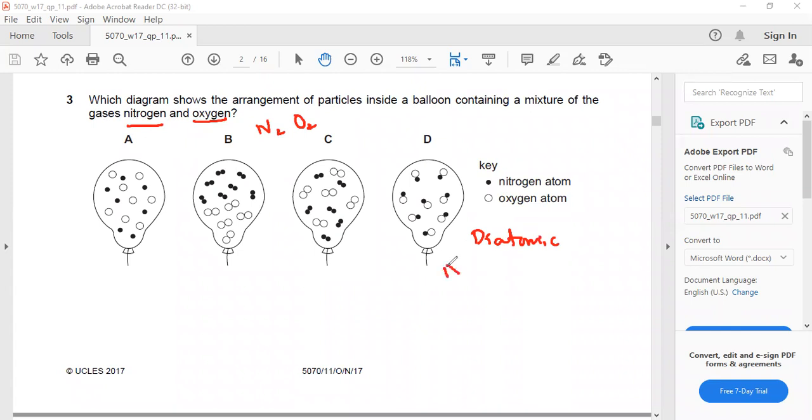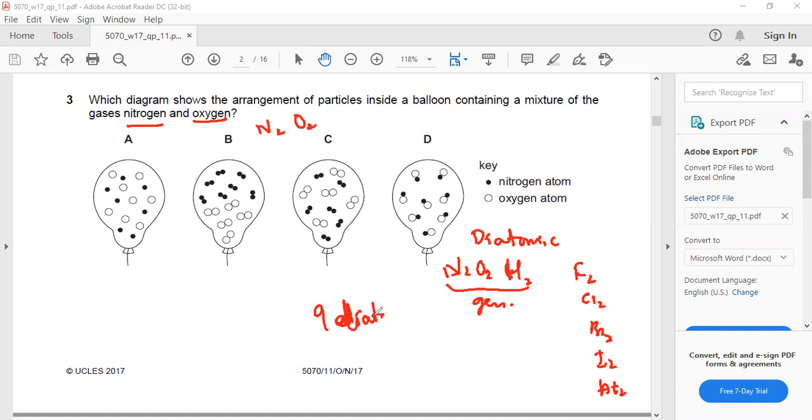These are the nine diatomic elements. There are nine diatomic elements only. They have suffix -ene: fluorine, chlorine, bromine, iodine, astatine, and they have suffix -gen: nitrogen, oxygen, hydrogen.